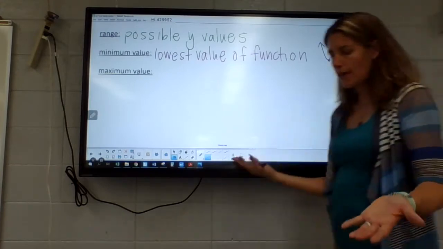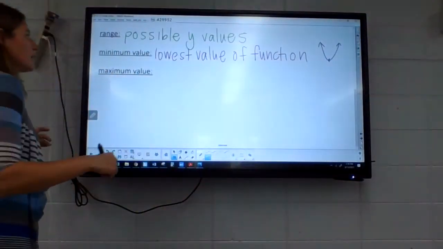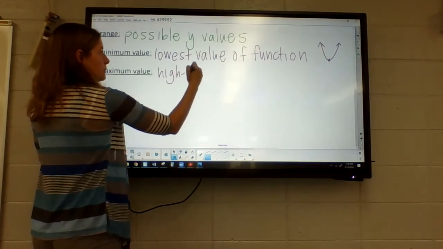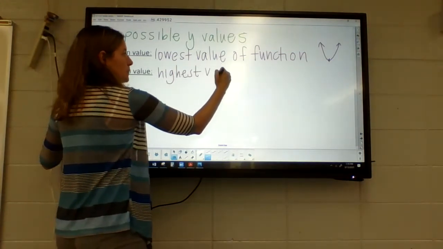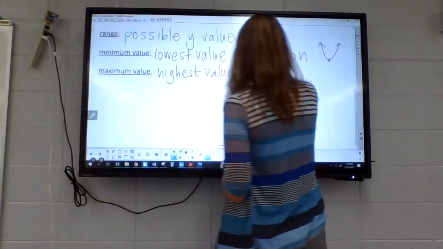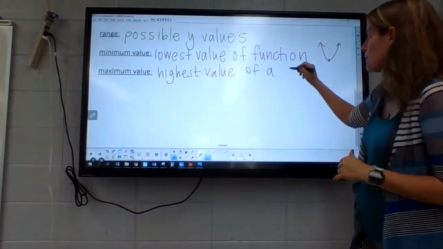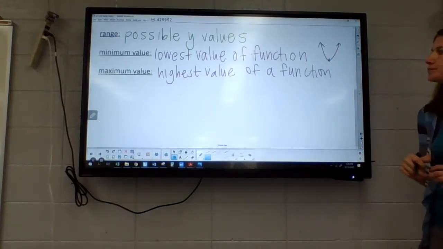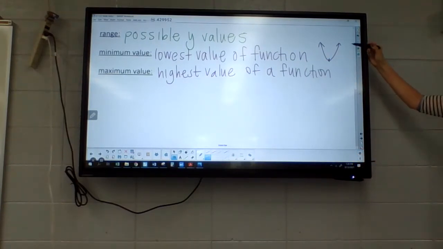And the maximum is obviously the opposite, kind of the top of the hill. Now this graph actually has no maximum value. So a parabola would have no maximum because it would just keep going on forever.